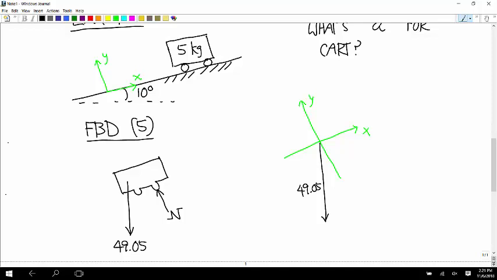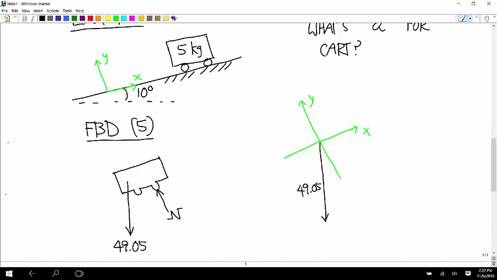And in any problem where the angle that's given is an angle from the horizontal to the incline, the angle that's given is going to be the angle between the negative y-axis and the weight force. And I can maybe explain how that works.